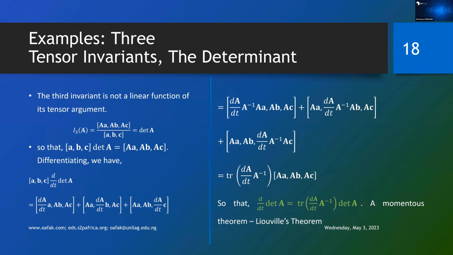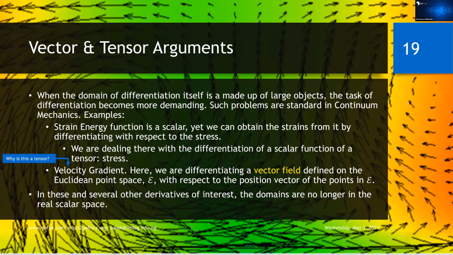Now we are going to the difficult area, where what you are differentiating with respect to is itself either a vector or a tensor. This is where the work really starts. We have just been playing so far. When the domain of definition itself is made up of large objects, the task of differentiation becomes more demanding, and such problems are standard in continuum mechanics. And these are examples.